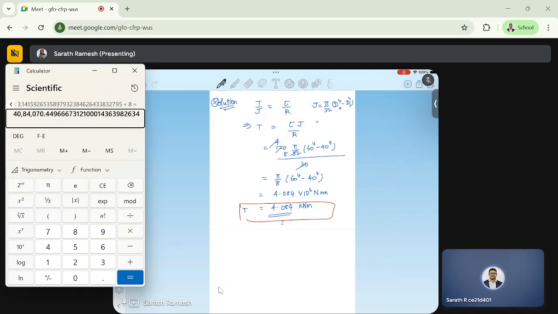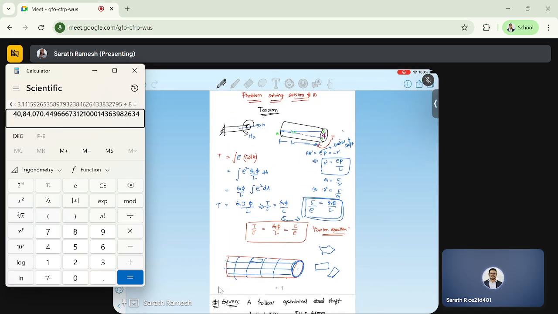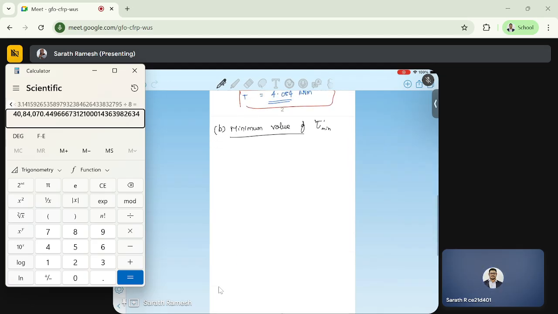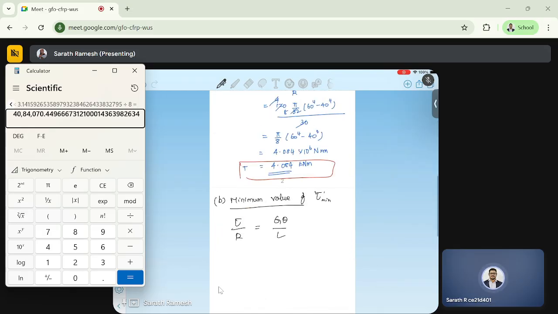Next, what is the minimum value of shear stress? For solving part B, that is the minimum value of shearing stress, we can write tau by R equal to G theta by L, G phi.